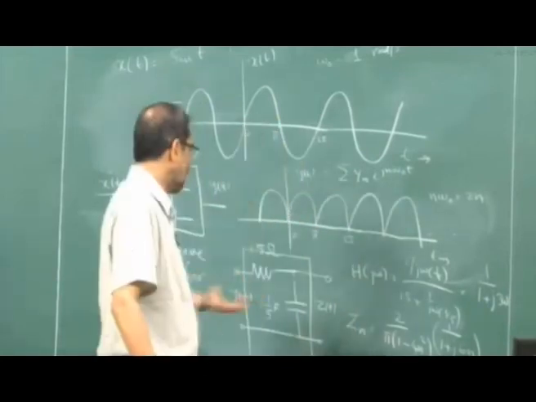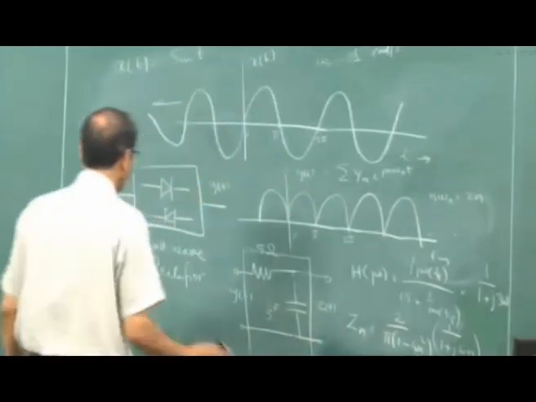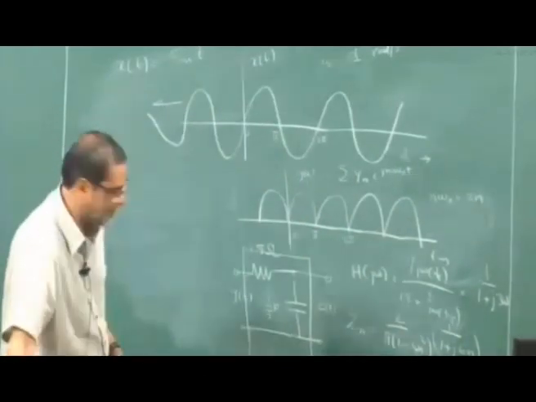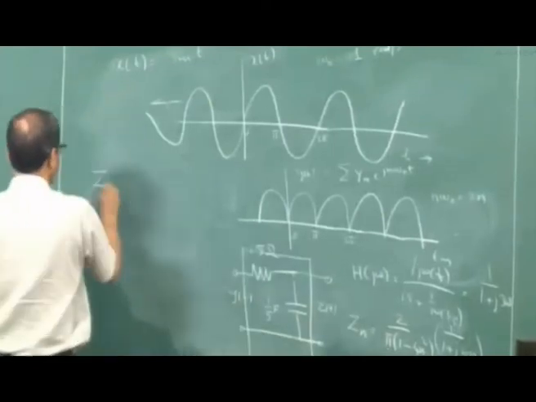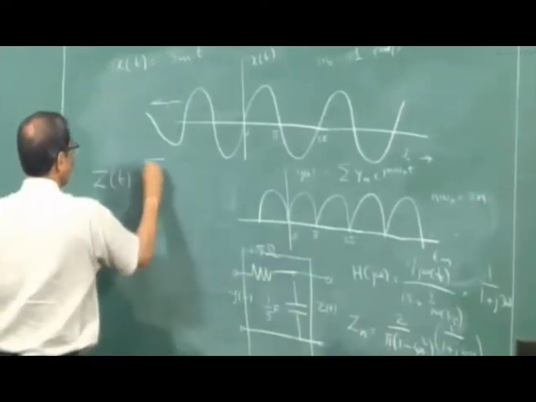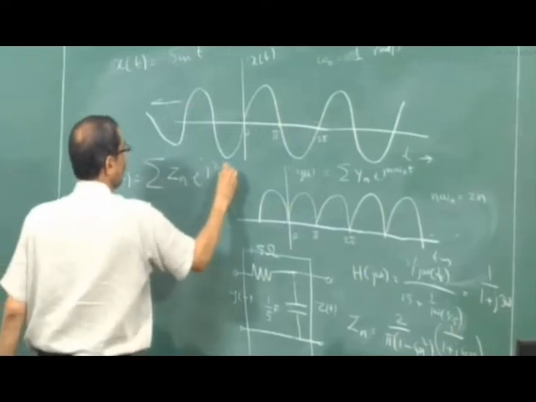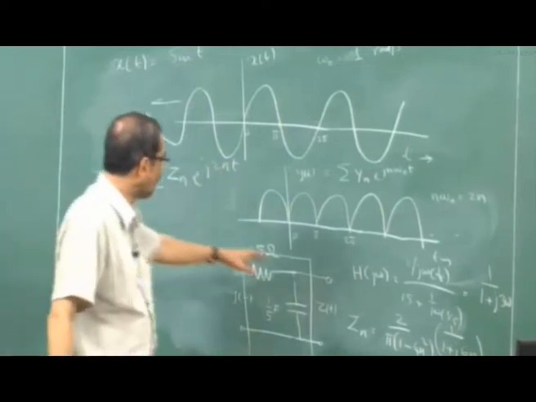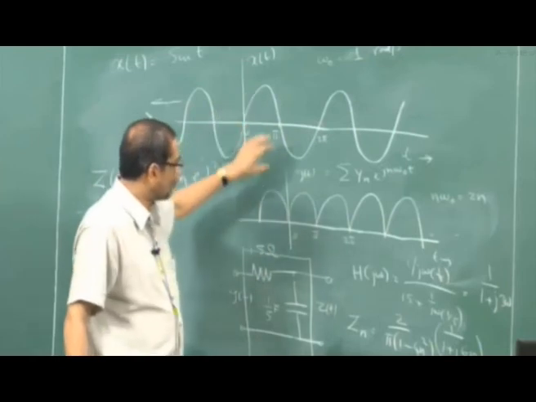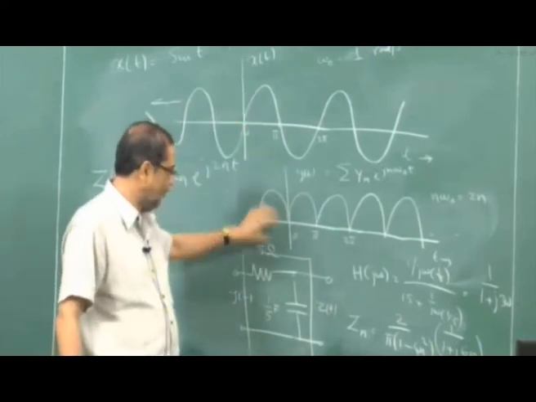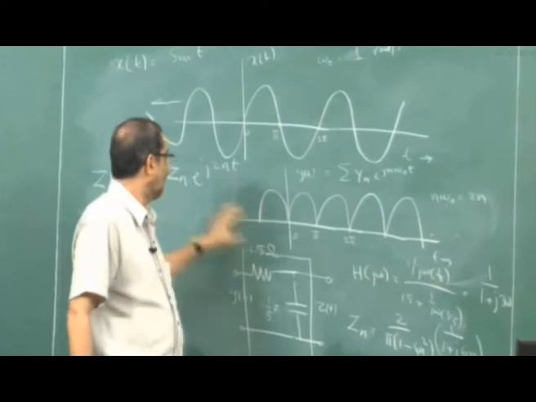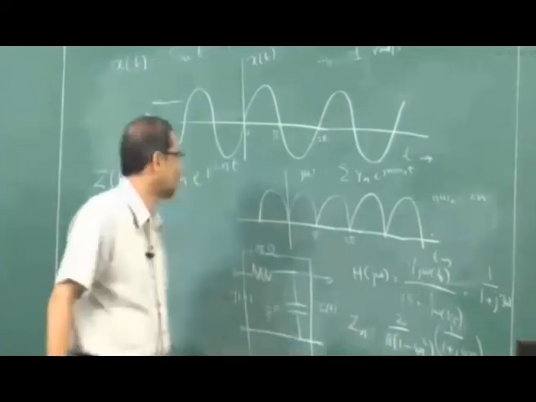That is Zn. Once we have this, I know the output of the circuit is z of t equals Zn e to the power of j 2nt. This complicated looking sinusoid becomes a full wave rectified signal fed to this RC filter, and you get this relationship.